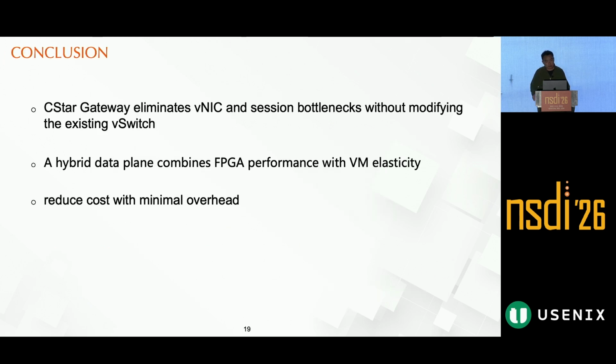To summarize, in this work, we introduced the CStar Gateway and designed a set of nested tunnel-based protocols to address resource mismatch problems, including limitations in VNIC and session counts on the vSwitch to NF VM, when building scalable NFV products using standard VMs.